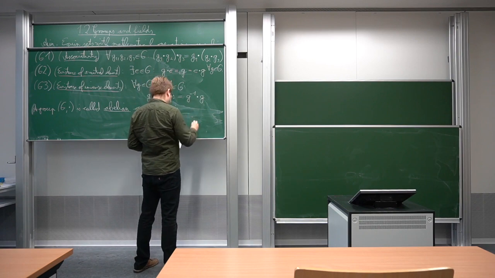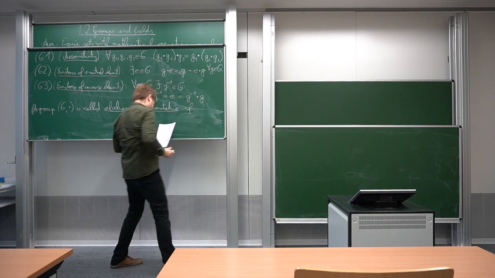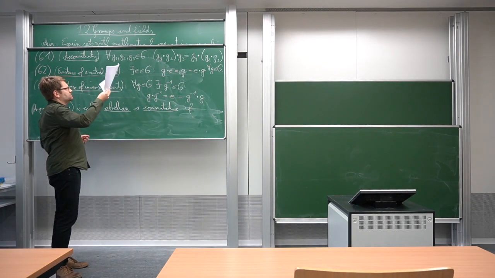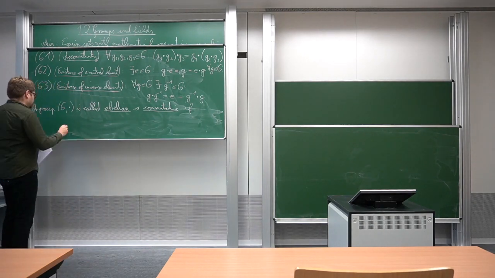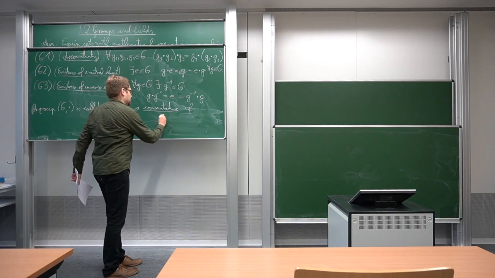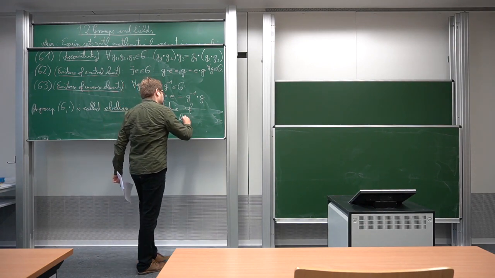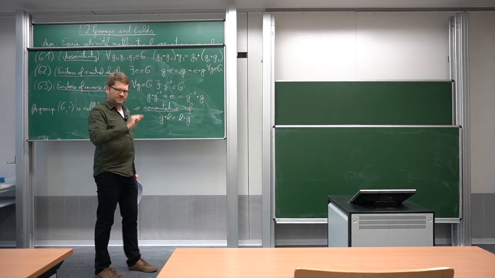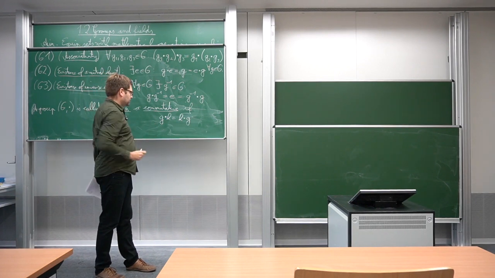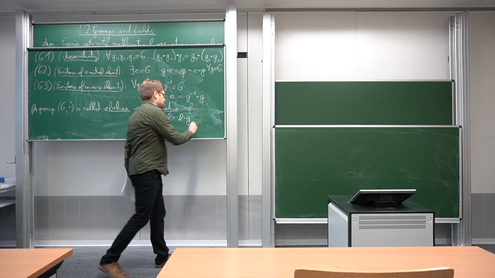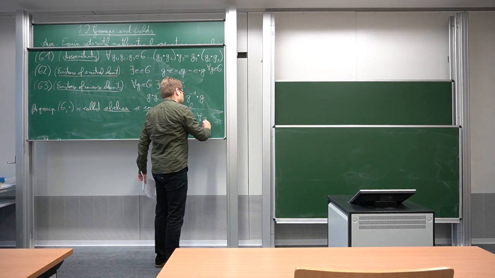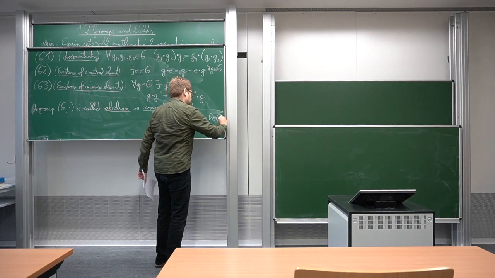This is definitely true for the real numbers, but it doesn't follow from these 3 axioms here. Namely, if the multiplication of G times H is the same as the multiplication of H times G, and this holds for all G, H in G.